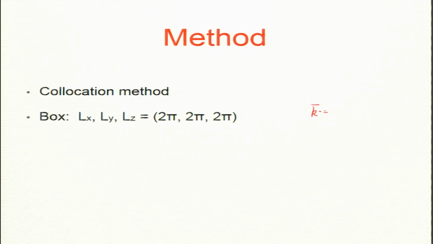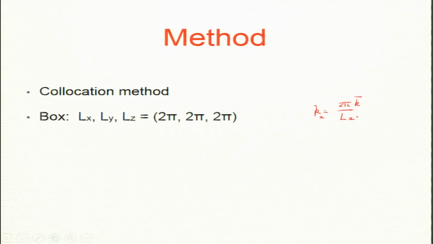So, how do we solve this? The method is called the collocation method, which I will not differentiate from other methods. So, I have my box. My box is 2 pi by 2 pi by 2 pi. We can do it for an arbitrary box, but for simplicity I am choosing 2 pi. The reason is that my wave number k is a vector, but let us say I am looking at kx, which will be 2 pi k-bar by Lx.